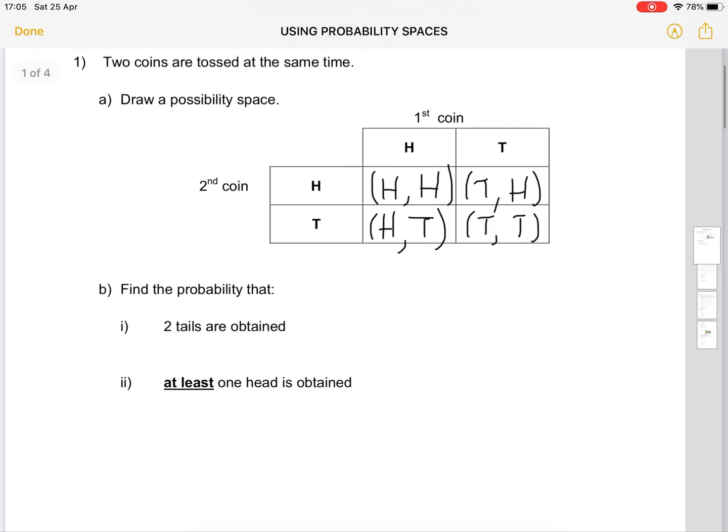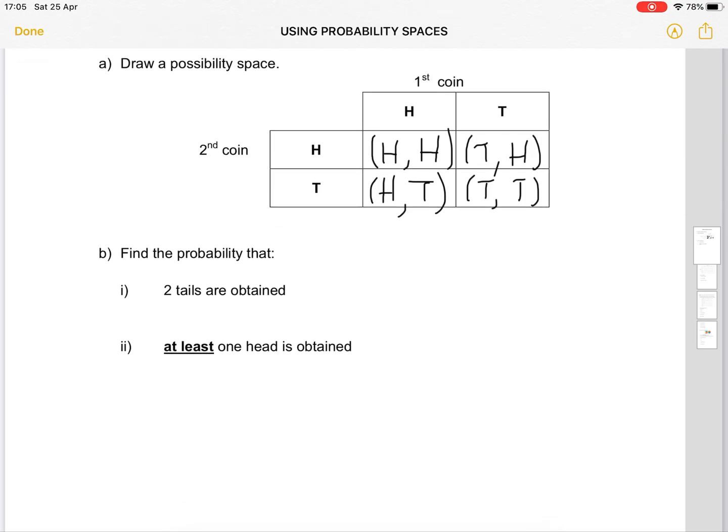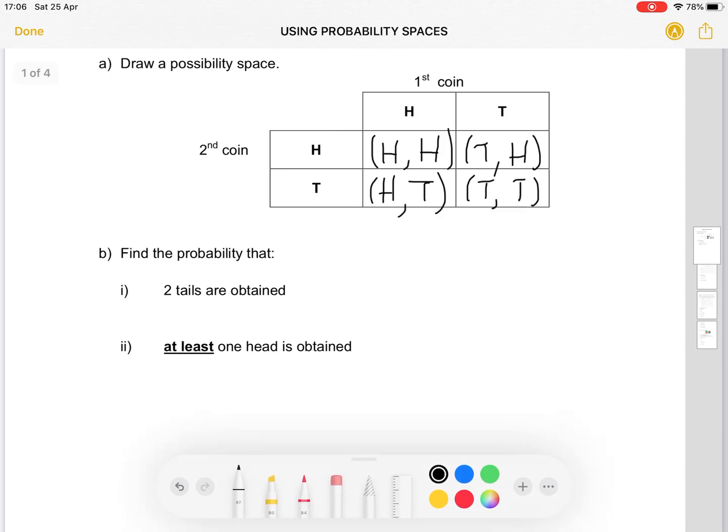Now we can go on to answer the questions. Find the probability that 2 tails are obtained. From those 4 outcomes, there is only one outcome with 2 tails, which is this.